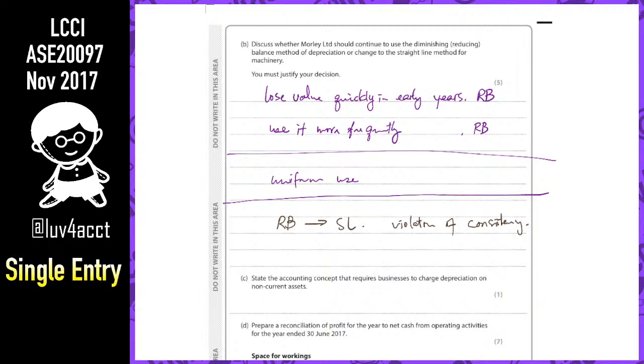If you have no good reason to change, then you should not change. So the conclusion can be like that.